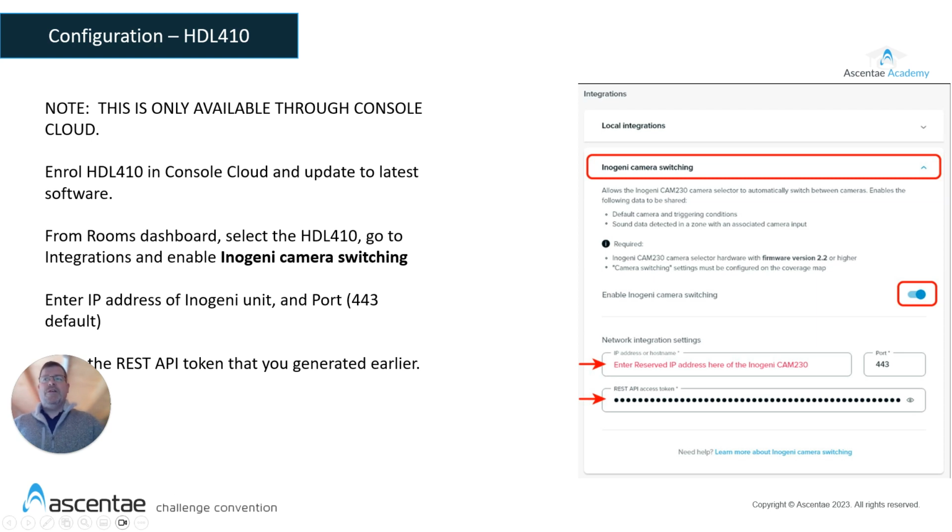Enter the IP address of the Inagini unit and the port, which by default is 443. You paste the REST API token that you've taken from the Inagini web interface and you put it into the network integration settings. And once you've done that, you hit apply.